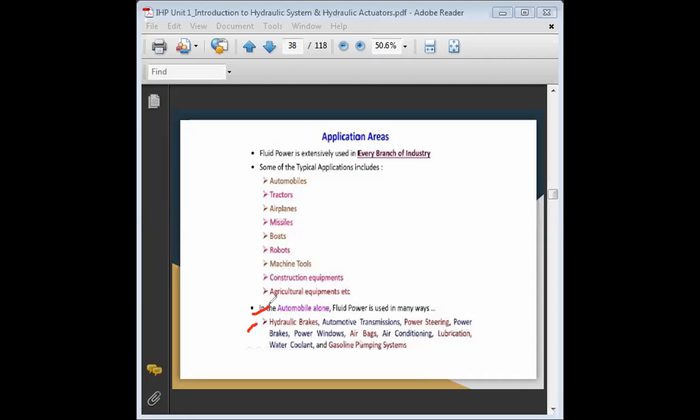Similarly, I have given the automobile sector as an example.